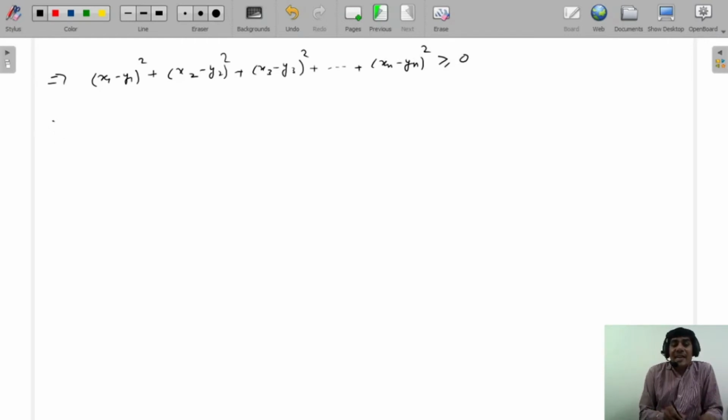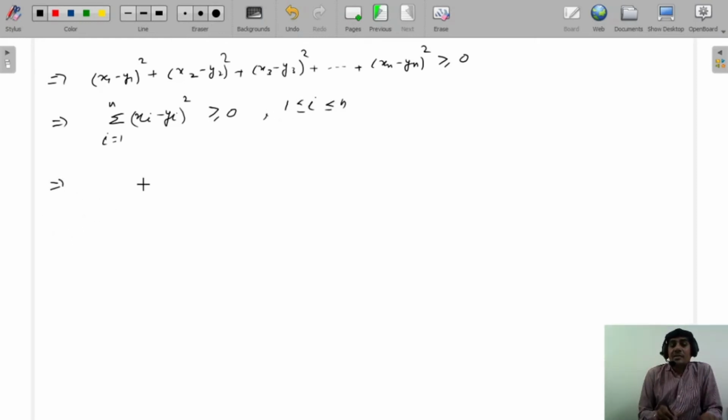We can write it as the summation i from 1 to n of (xi − yi)² ≥ 0.